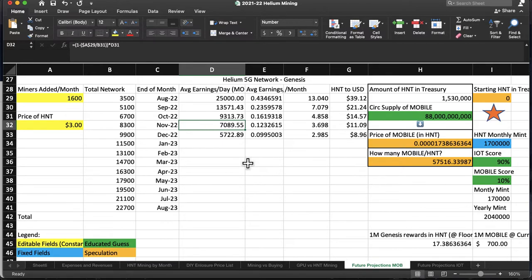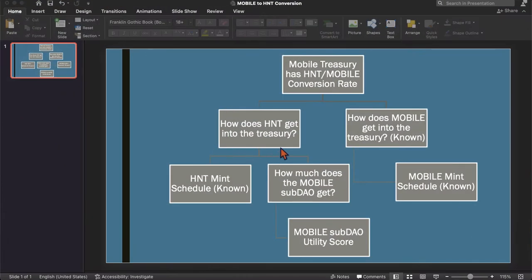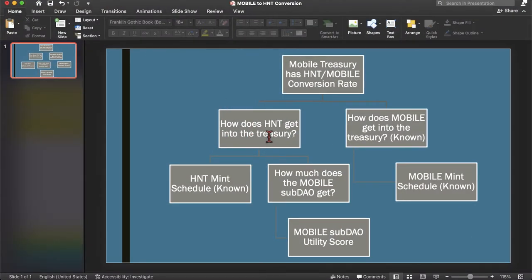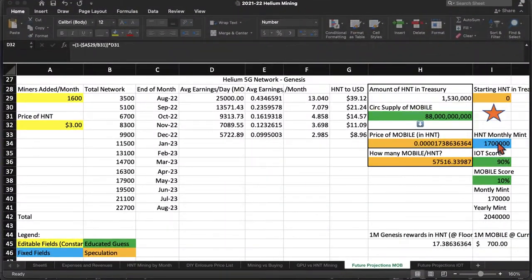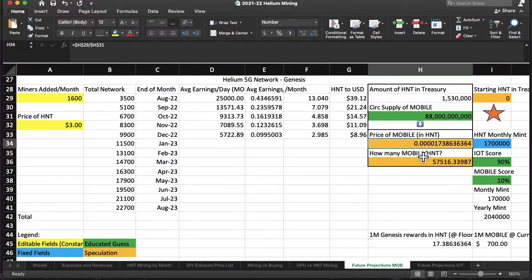But anyways, this is just kind of a lower end of what you can expect. So, okay, we finally got to the top here, how much HNT gets into the treasury after 1 year. So then we look at the conversion rate, and that is 4 zeros, y'all, before this one. 4 zeros.